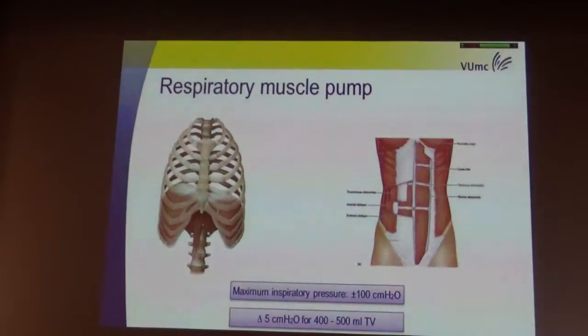The maximum inspiratory pressure that the muscles can generate upon a maneuver like this is close to 100 centimeters of water. But for tidal breathing, we only need a pressure of, say, 5 centimeters of water. As you're sitting here in the room, the respiratory muscles generate a pressure of 5 to 6 centimeters of water. So it's a huge reserve capacity.